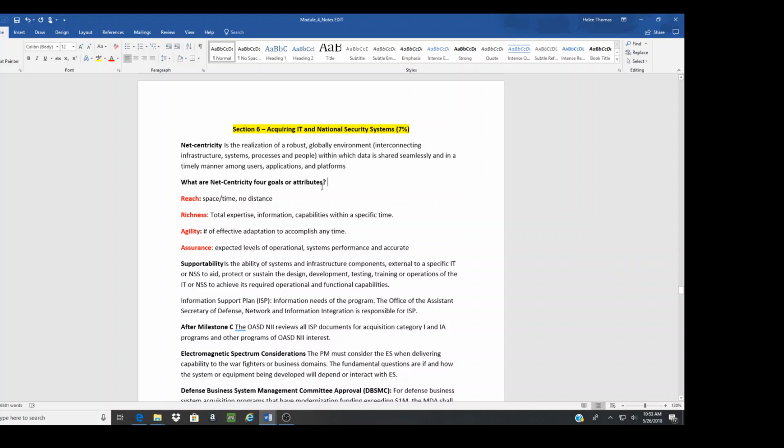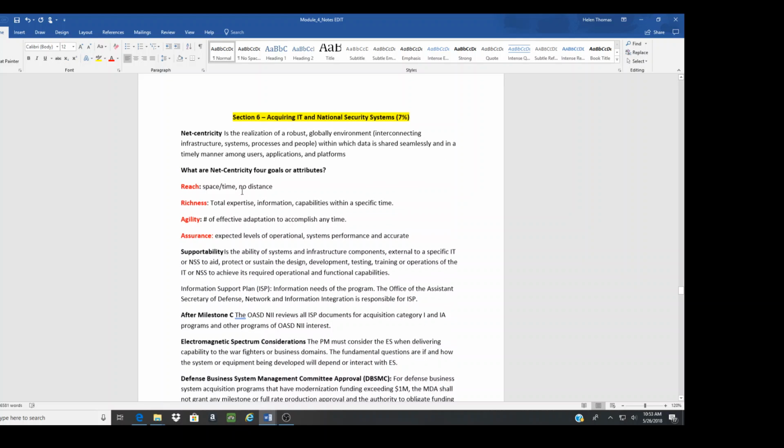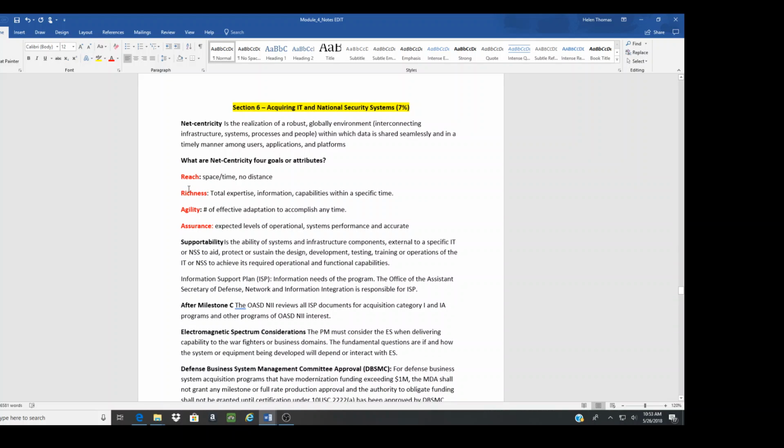So what are the 4 goals or attributes of netcentricity? Reach: we want to reach individuals with no limits of distance, space, or time. Richness: total expertise, information, and capabilities within a specific time frame. Agility: effective adaptation to accomplish any task at any time.